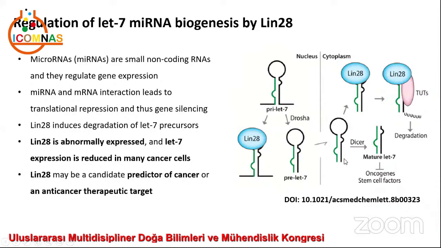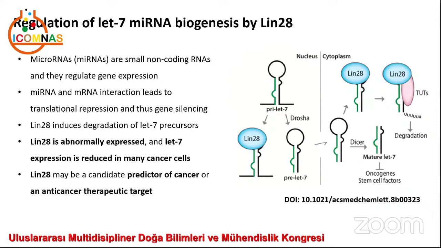In the cytoplasm, there's another enzyme called Dicer, and Dicer transforms this precursor let-7 into mature let-7. Mature let-7 is quite important because it represses the translation of some oncogenes.